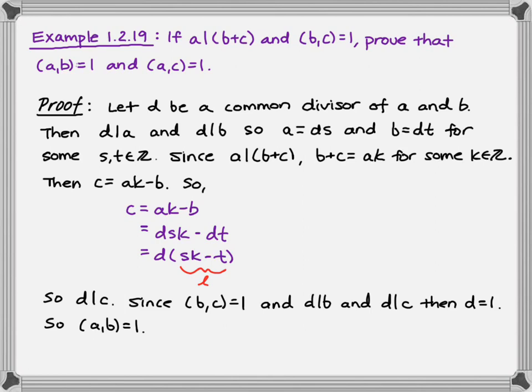So it remains to be shown that the greatest common divisor of A and C is equal to 1. So to this end, we should note that, like we just mentioned, the greatest common divisor of B and C is 1.